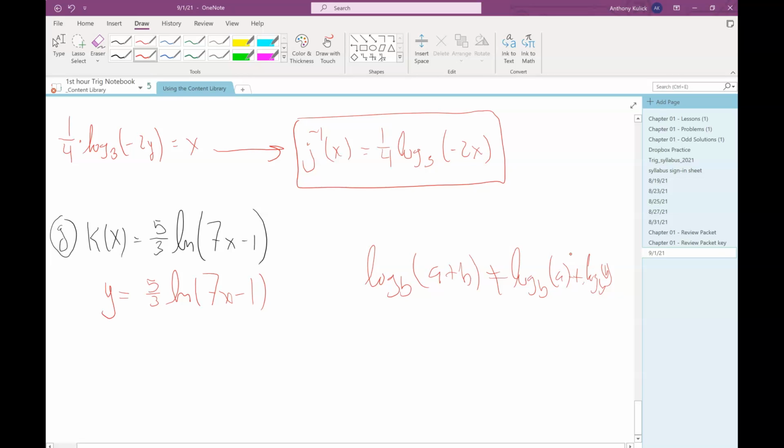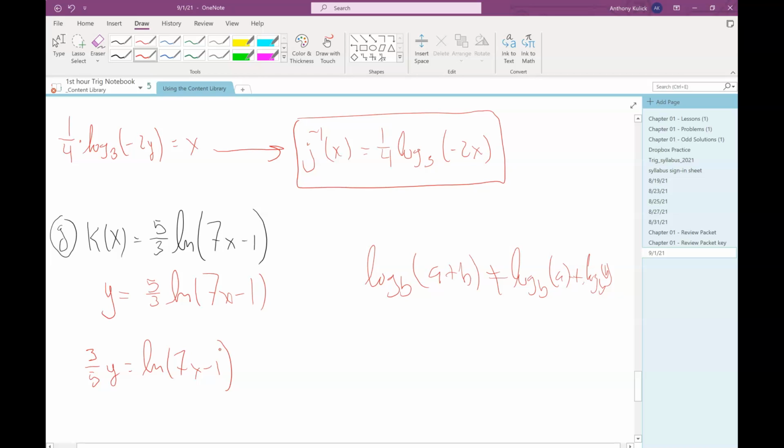I would multiply both sides by 3/5 to start. Or think about it as dividing by 5/3, that's fine also. But I want to get that coefficient out of there. Is that okay? Hopefully you're like, oh, sure, duh.